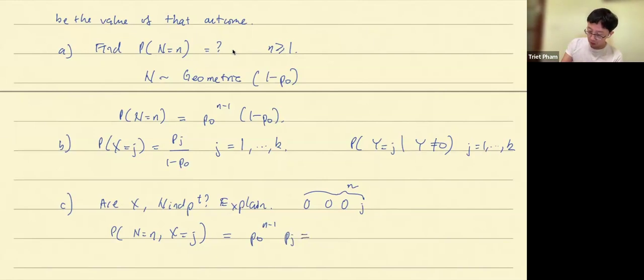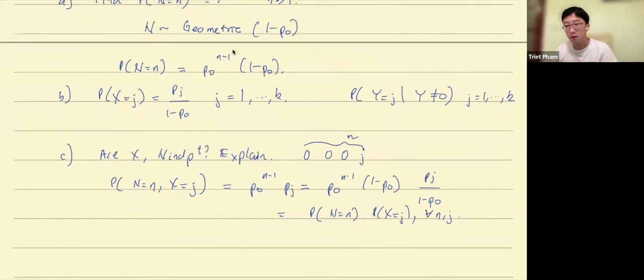Which is p0 to the n minus 1 times 1 minus p0 times pj over 1 minus p0, which is, of course, the product of the marginals. And since this is true for all n and j, yes, they are independent.